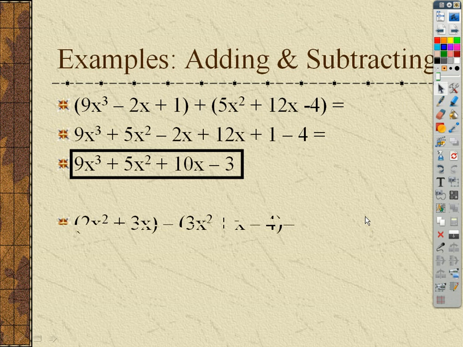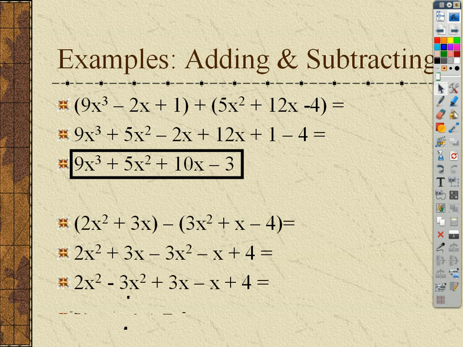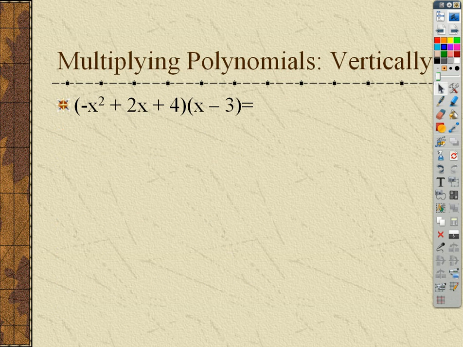Okay, adding, same deal. If we add up polynomials, just add like terms. No big deal. Let's get on to multiplication. Okay, multiplying polynomials. Now, we can multiply polynomials vertically. That's fine. It's actually a pretty good way to do it. If we multiply them vertically, we'll line them up just like we would multi-digit numbers.